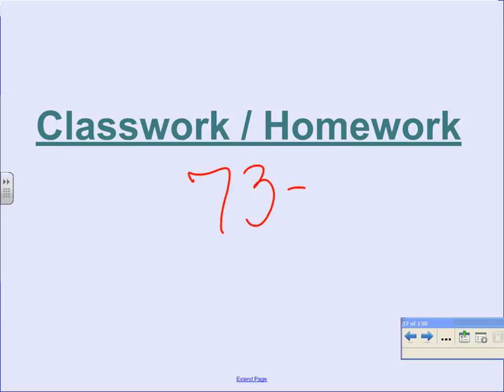Okay. 7th grade. So the first 73 through 84, the first 11 are just fill in the blank. Not going to take you very long. There are some more questions after that. You just write a sentence instead of a word.